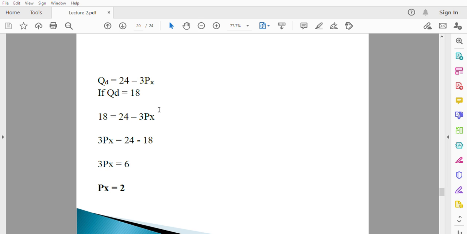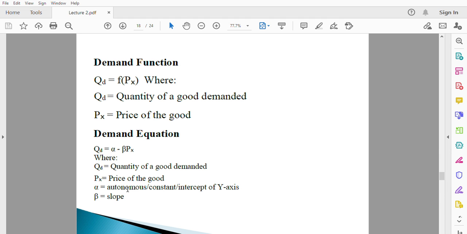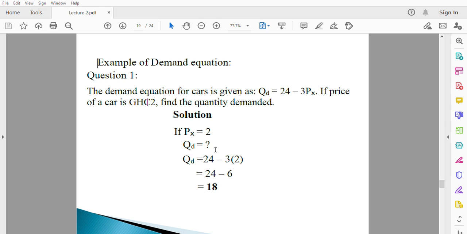Cross the equal sign with negative 3Px, it becomes positive 3Px, and cross the equal sign also with 18, it becomes negative 18. So 3Px is equal to 24 minus 18. 3Px is equal to 6. Now divide through by 3. We have Px is equal to 2, and the price was given as 2. So in checking, it means our answer is right.